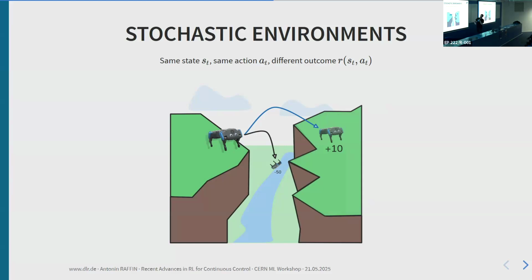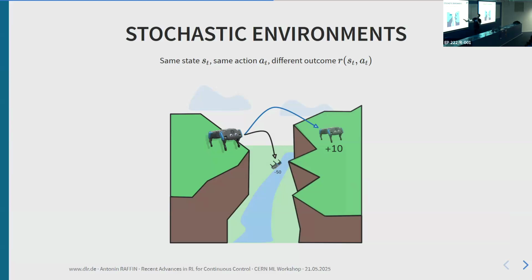So let's say here I've got my cute quadruped robot trying to jump the cliff. Because we don't have perfect information about the robot or the environment, when it tries to jump, maybe there's some wind we didn't measure properly. By doing the same action, sometimes it will succeed, sometimes it will fail. In reinforcement learning, we tend to always look at the expected performance, what happens on average.